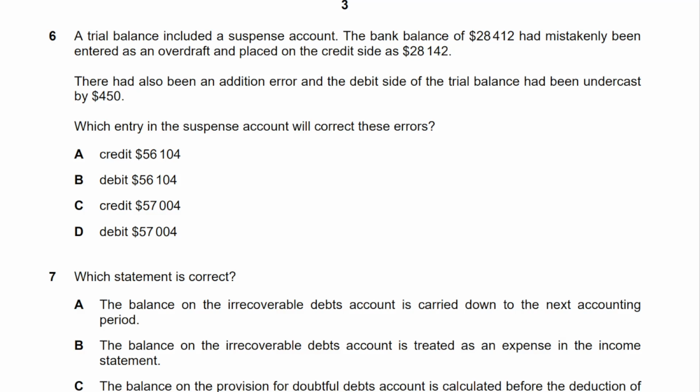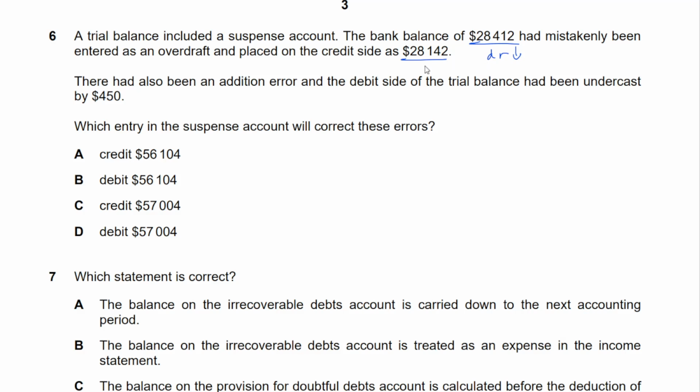Let's have a look at the effects of these mistakes. So the bank balance of 28,412 was supposed to be on the debit side, but we didn't put it there. We instead put it on the credit side. So first of all, the first effect, this will cause our debit side to go down, isn't it? Because it was supposed to be there, it wasn't.